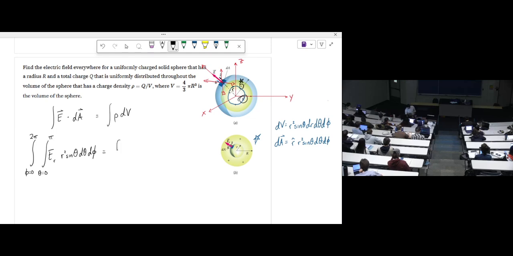And rho dV, so in this case, rho is a constant. dV is r squared sine theta dr d theta d phi.